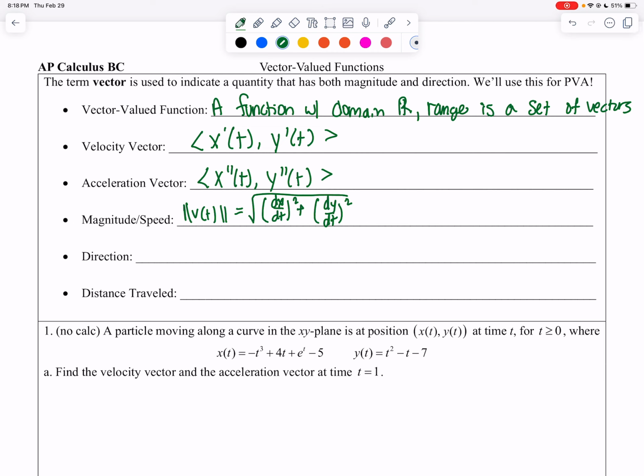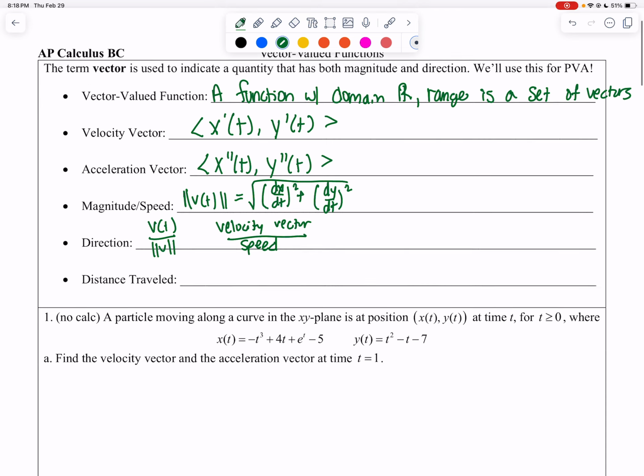Direction, that's going to be the velocity vector, so v of t over the speed, just in case you need it.